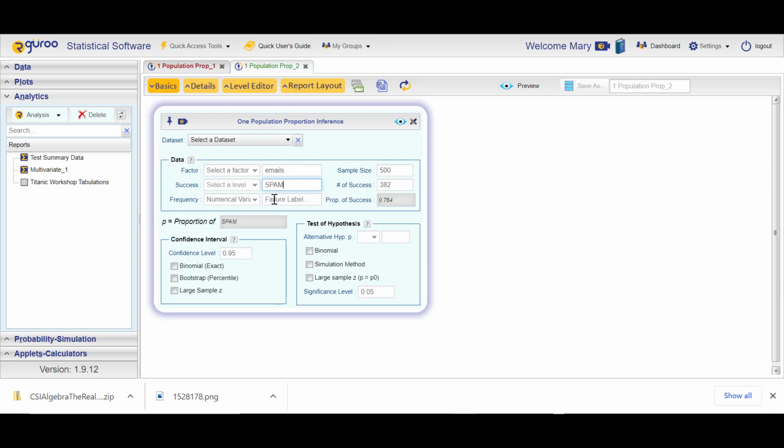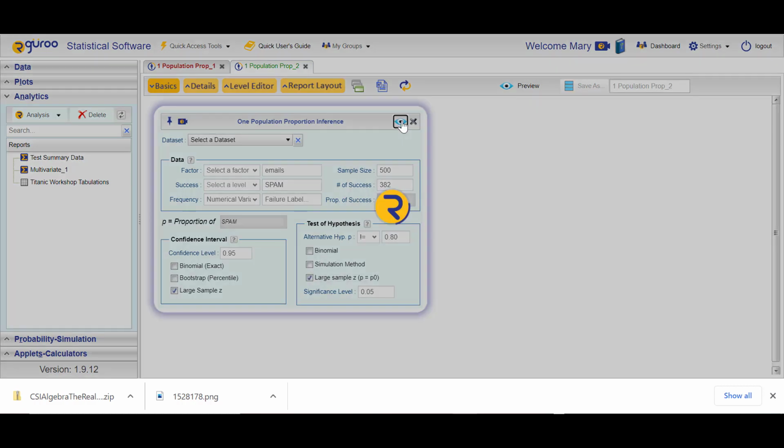And you can label failure if you wanted to. You could label that as not spam, but you don't have to. Always choose large sample Z for these. I'm going to go ahead and do the confidence interval of 95%. And we're saying that it's not equal to 80%, so 0.80. Choose large sample Z here, and 0.05 significance.